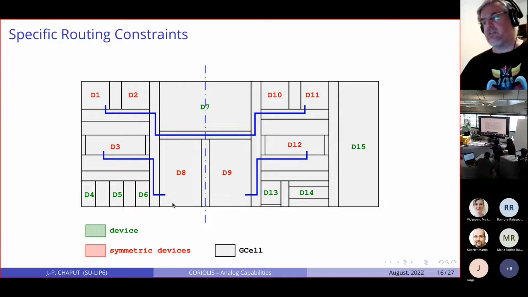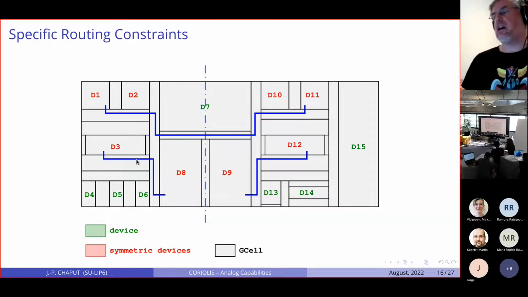Then we have a second case of symmetry, when we have two signals here connecting D3 and D8, and D9 and D12, sorry. So these two wires must be routed symmetrically. Typically because you want exactly the same parasitics on this wire and this wire.